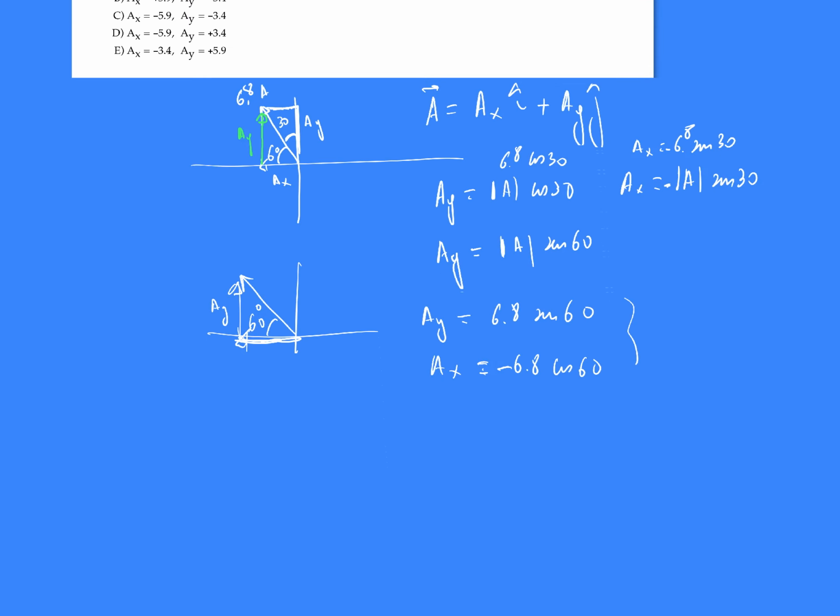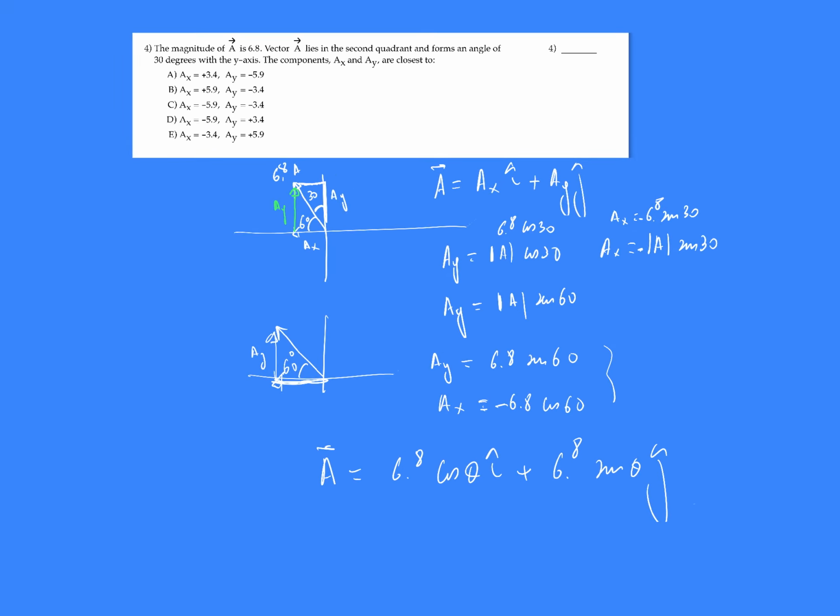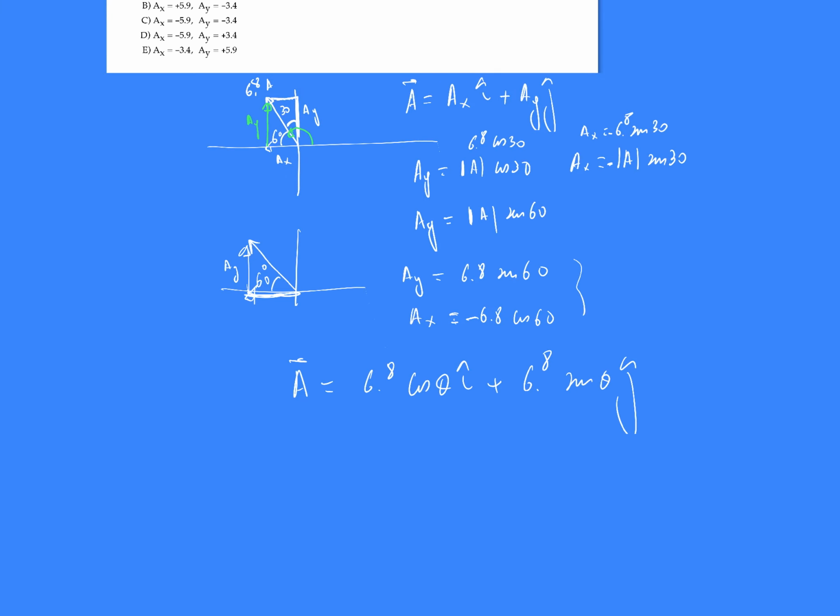The other way to see this problem is to say, okay, A is the vector 6.8 cosine of theta in the i direction plus 6.8 sine of theta in the j direction. And what is theta? Theta is this angle, and this angle is 90 plus 30, 120.